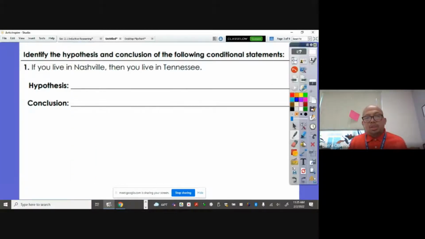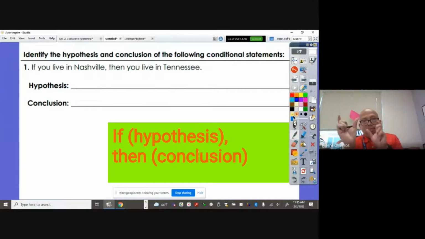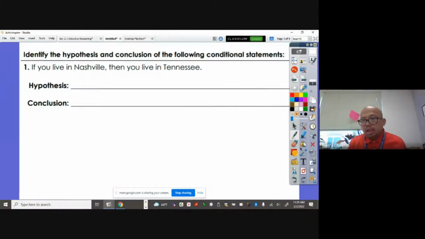Identify the hypothesis and conclusion of the following conditional statement. Remember that after if, the next phrase will be your hypothesis. Looking at the statement: if you live in Nashville, then you live in Tennessee. The statement right after the if is my hypothesis: you live in Nashville.